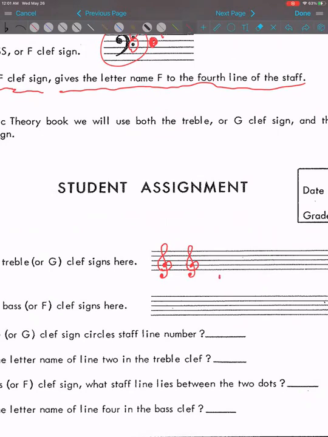Some people do the shoe first, and then they pull it up to the right like a hook, and then they turn to meet at the fourth line, and then keep coming down to turn around at the first line, and then turn it back to G. That's also a way. Either way is fine as long as the middle part, the belly part, is circling the second line. All right.